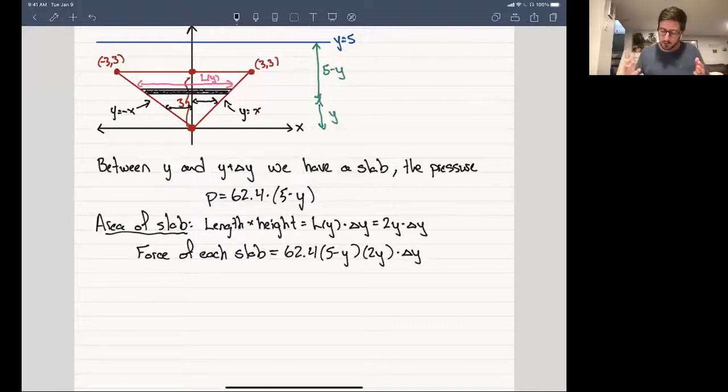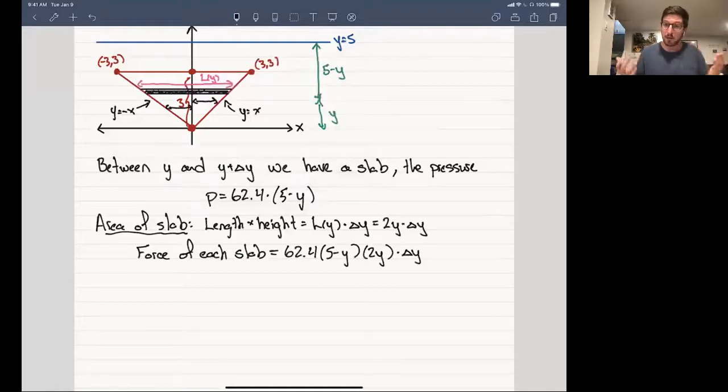And what I'm going to do here is skip some steps, right? Because we've done this a lot. We've seen how this works. We're basically going to put this into a Riemann sum, let delta y go to 0, and that is the same as saying the number of partitions goes to infinity.